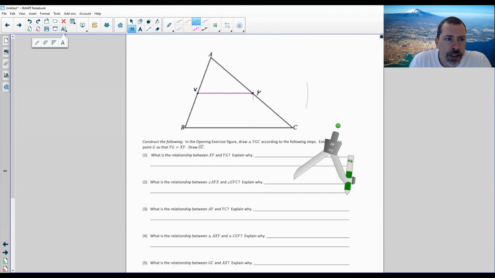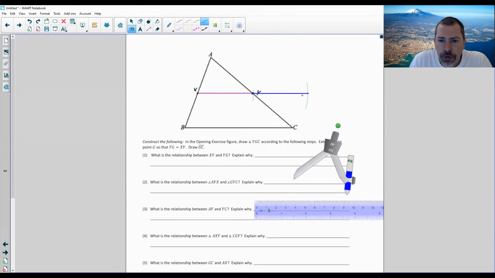So then I get my straight edge and I put it down here on XY and I extend it. I'll use blue for this. And it goes just like so. All right, so there is my G. So let me switch to black. Let me put a dot right here, and I'm going to call that G. Okay, so far so good.